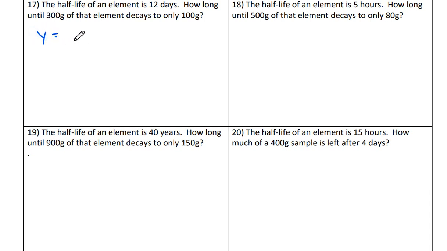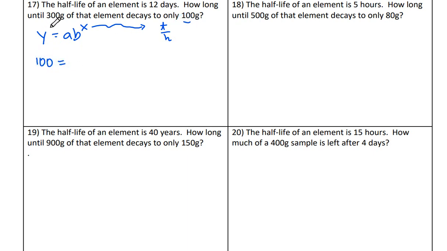So we start with something like this. And we need to know that this x is number of half-lives, which would be time over h. You could put this time over h in here. I think it makes it unnecessarily complicated to have it there at the beginning, so we can just deal with it at the end, which is what I would like to do. But you could do whatever you want. Just do it right. So at the end, we want 100 grams.